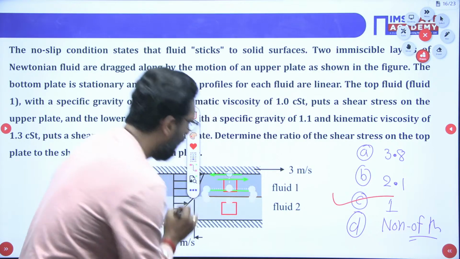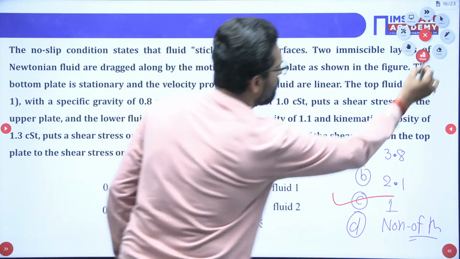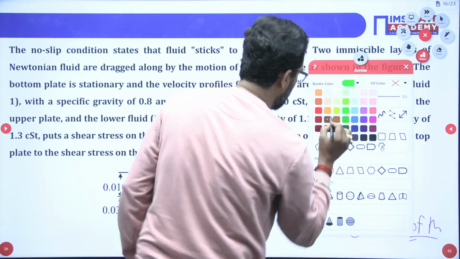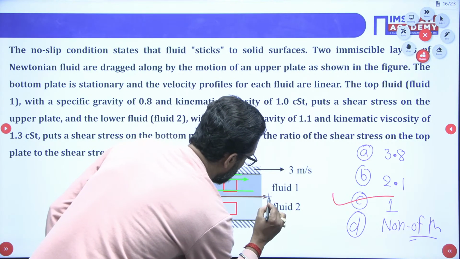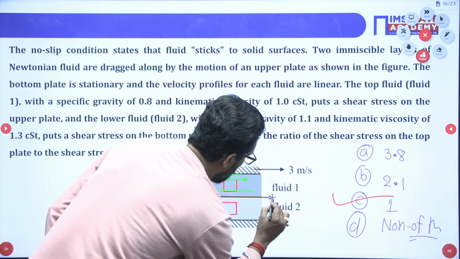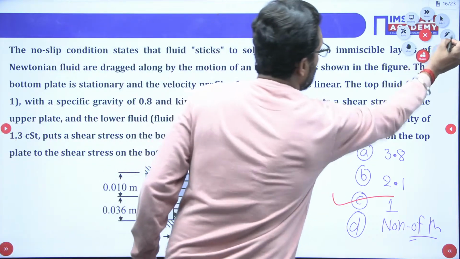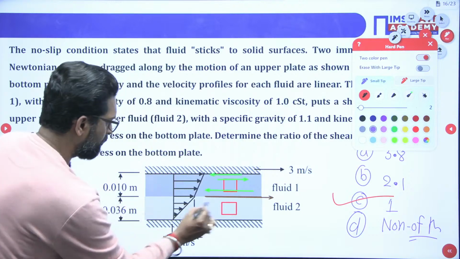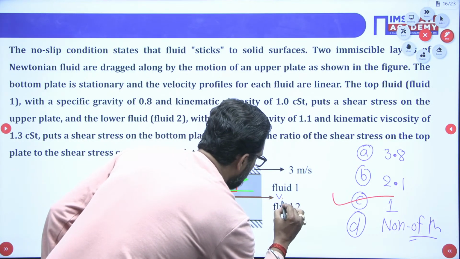Now this layer also has motion. Yes or not? How much velocity? Let's suppose this velocity is Vi. It is given. What is the velocity? 2 meters per second.